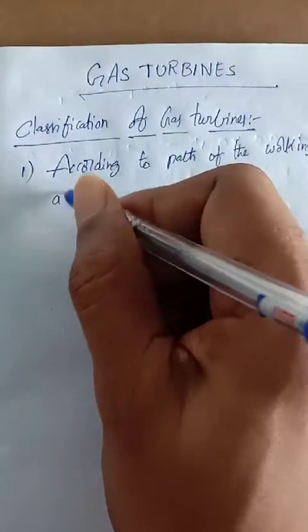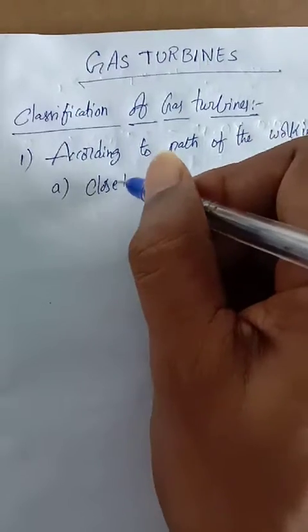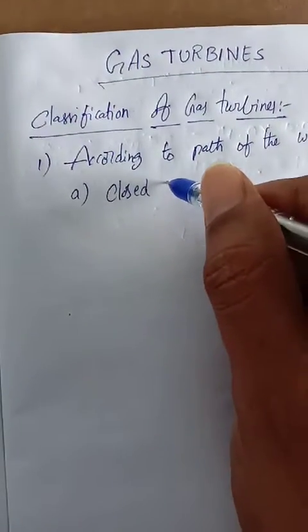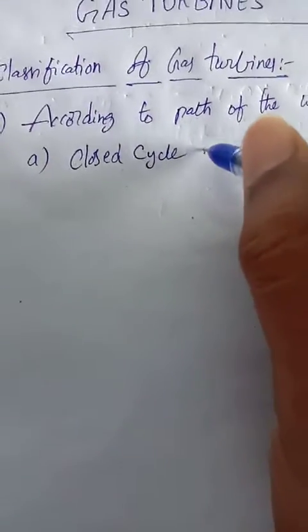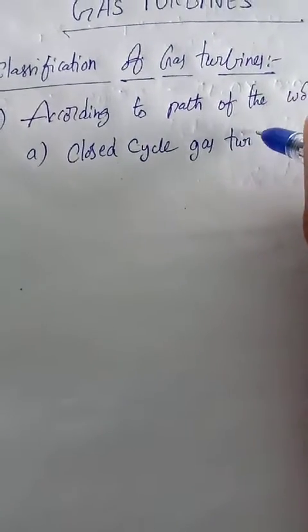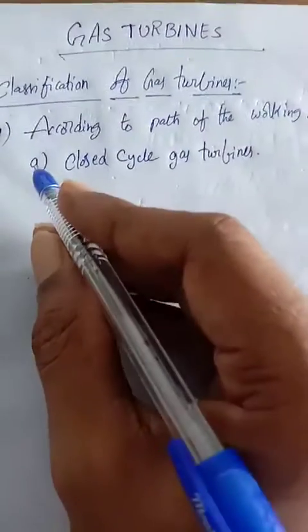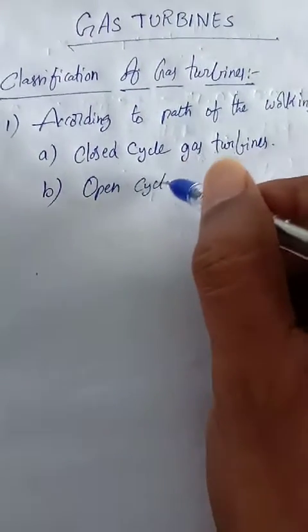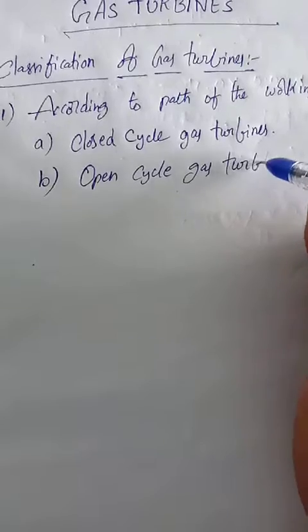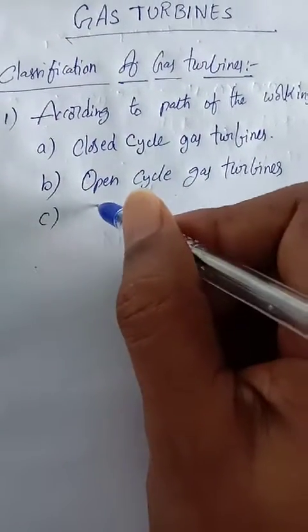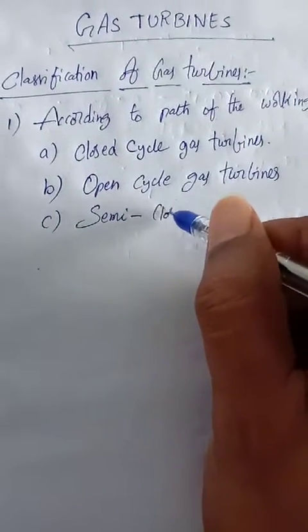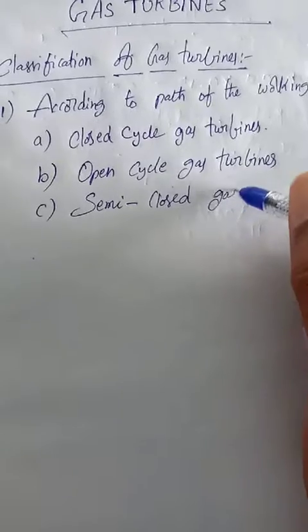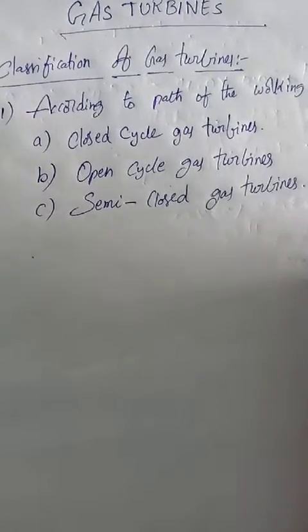A is closed cycle gas turbines, B is open cycle gas turbines, and C is semi-closed gas turbines.